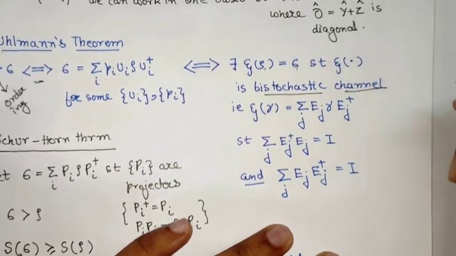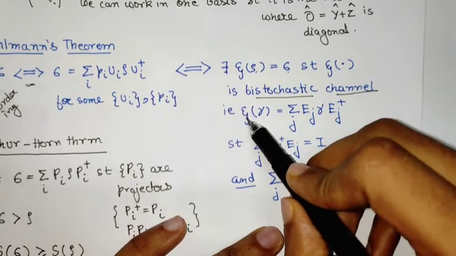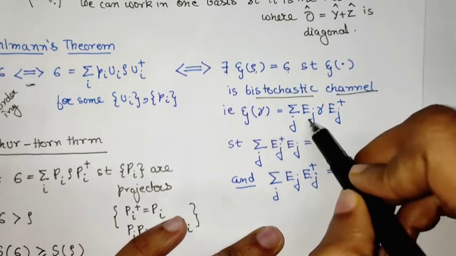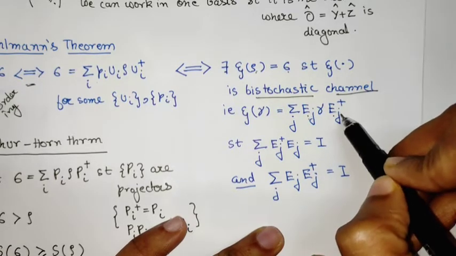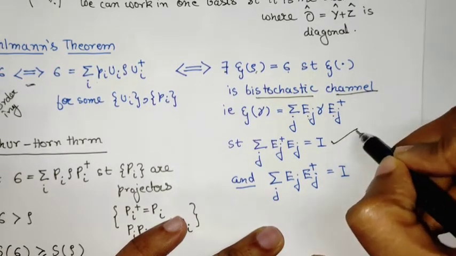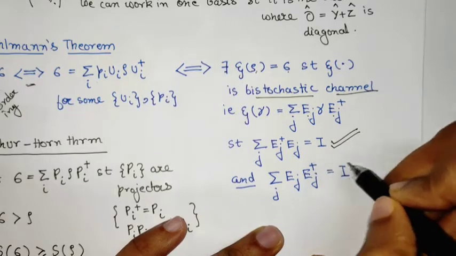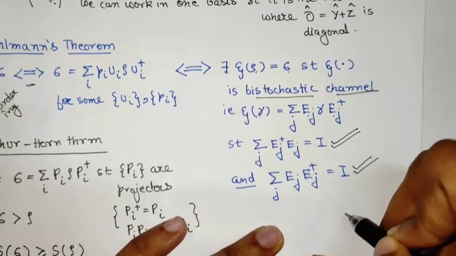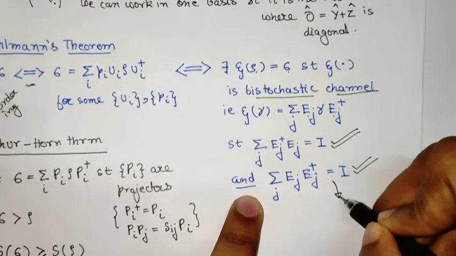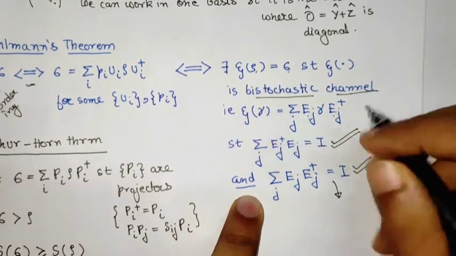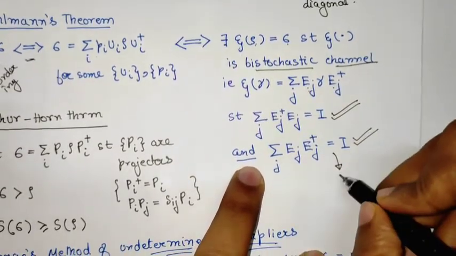What a bistochastic channel is, is quite easy to understand. In the Kraus operator representation, the channel written in Kraus operators form, E and E dagger, must satisfy first the completeness criterion, and second a criterion that makes it bistochastic: it keeps the identity element fixed. A bistochastic map keeps the identity element fixed.